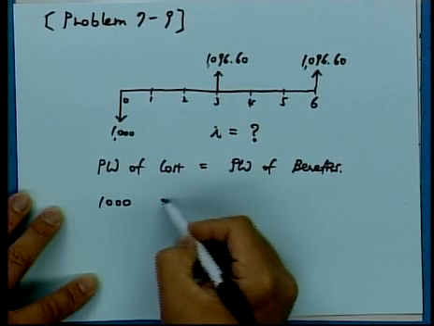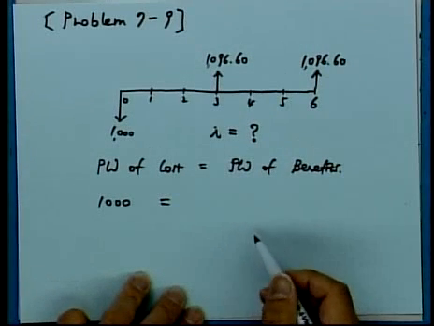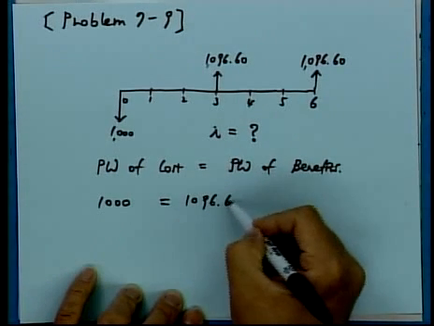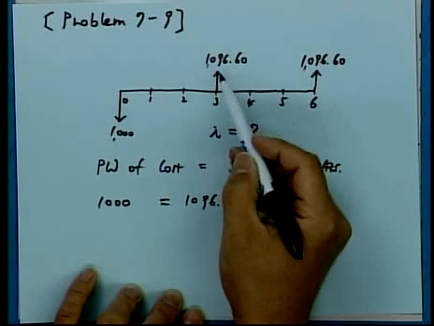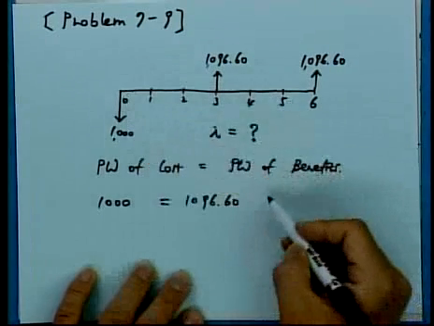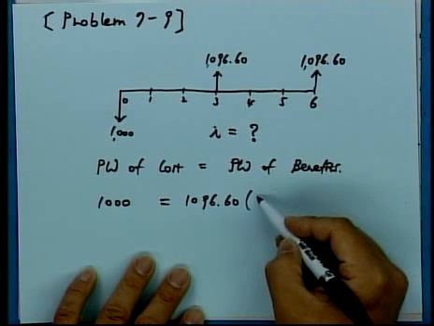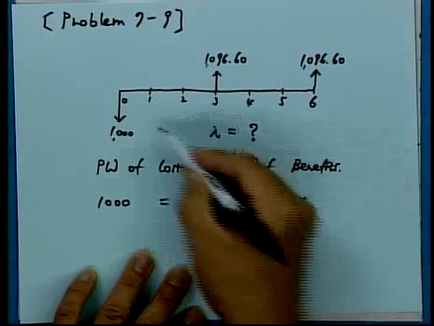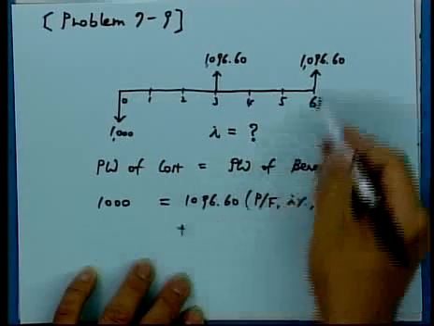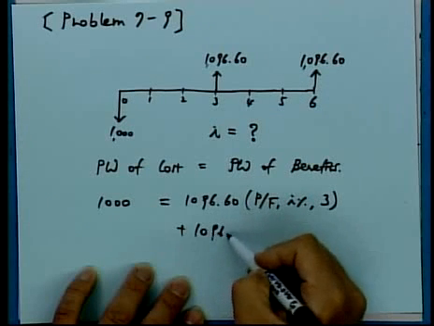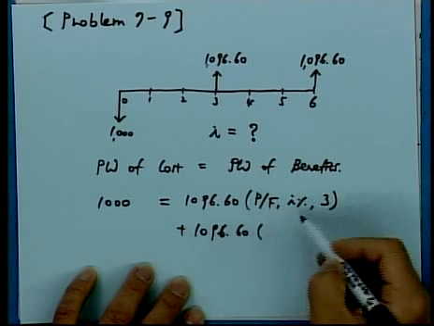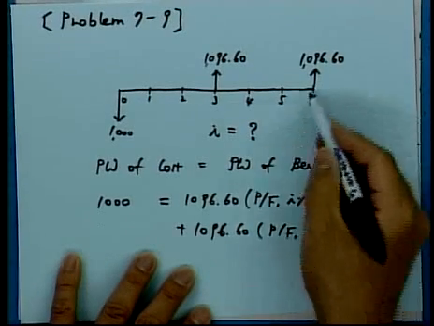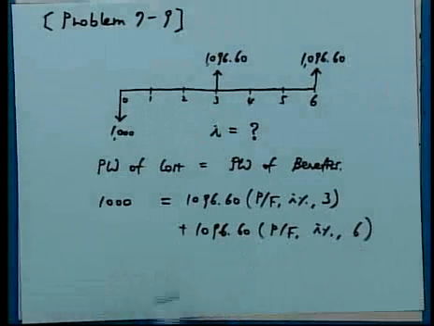So $1,000 equals $1,094.60, but you need to convert this to the equivalent present sum. So you need to multiply by P given F, i% over 3 periods, plus another $1,094.60, again multiplied by P given F, i% at this time over 6 periods, right?